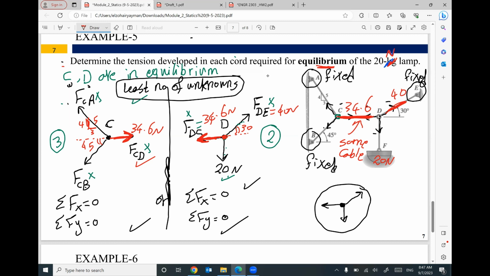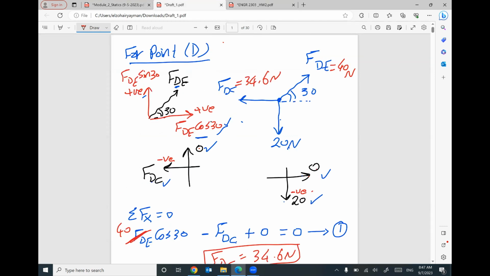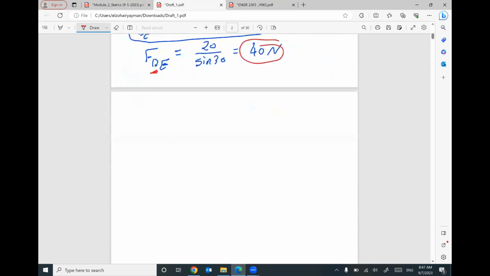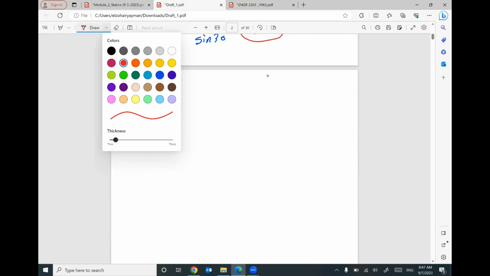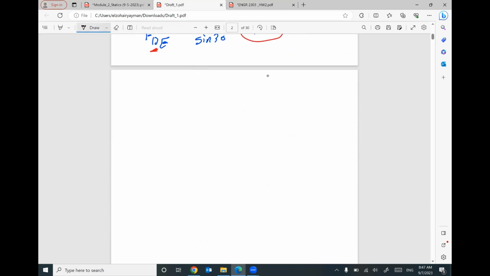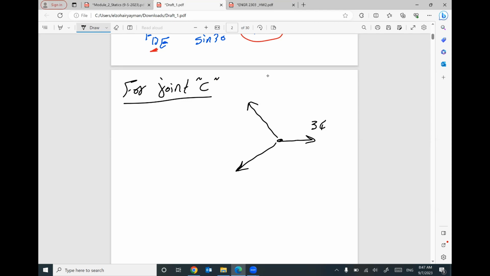So now I am ready for joint C. The second part of the problem, I will start a new part here for joint C. Here is joint C with a horizontal force, an inclined force, and another inclined force. This one is 34.6, it's already done.